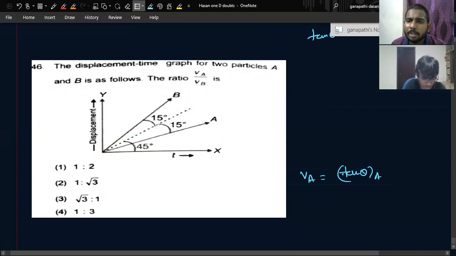That is, they're both going with uniform velocities. Tan theta at A is tan 30, because B is 45 minus 15, that is tan 30. Then graph B is tan 60.